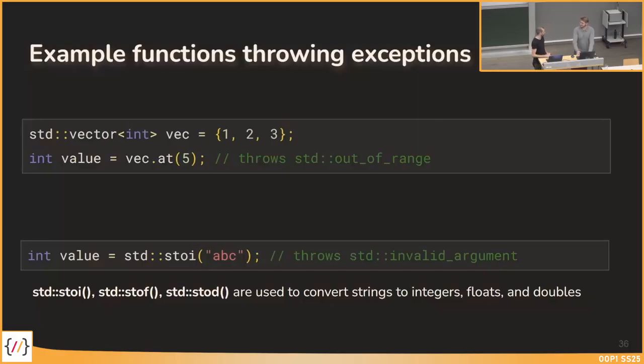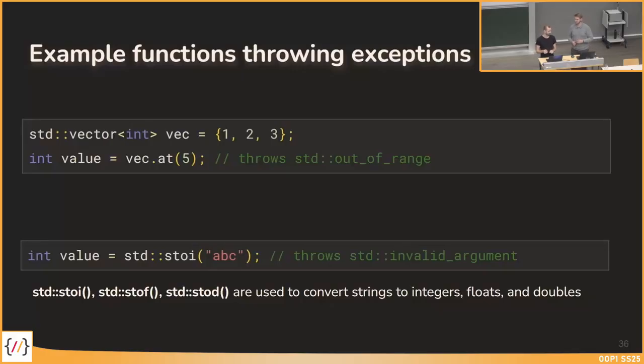And then you said, with the vector, it throws an out-of-range exception, and it's better. Any ideas why it's better to throw an exception instead of having a segmentation fault? Yes? Because we can catch it? Because we can catch it, yeah. The segmentation fault means your program is over. It's done.